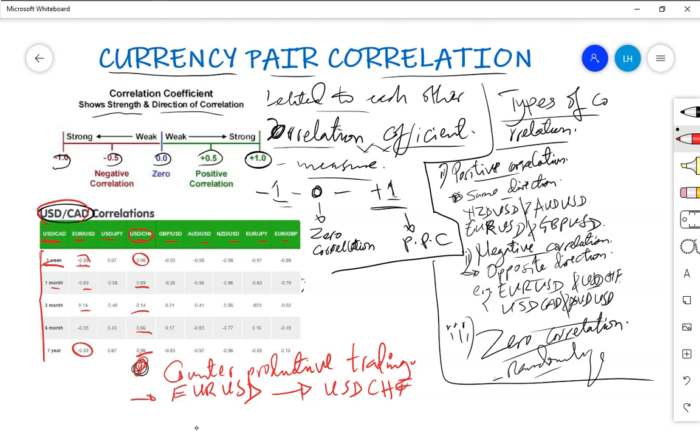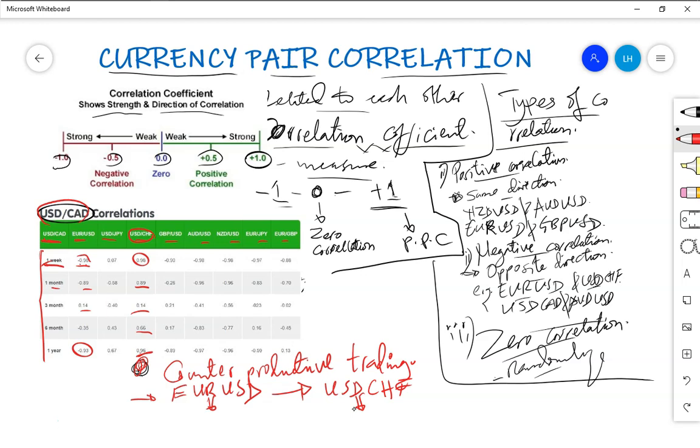So if you short them at once, one will be selling as you have done, and the other will be buying always. So when one is profitable, the profit from that pair, maybe EURUSD, will be cancelled by the losses that you will get from USD CHF. So this is known as counterproductive trading.